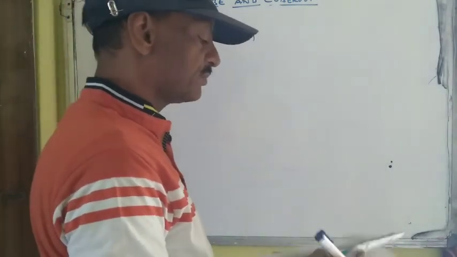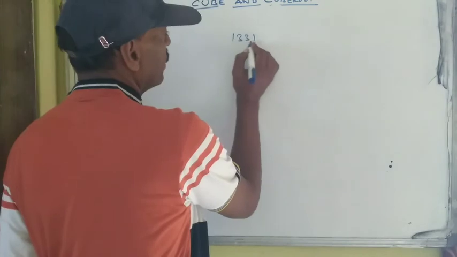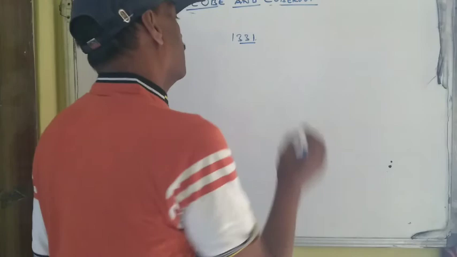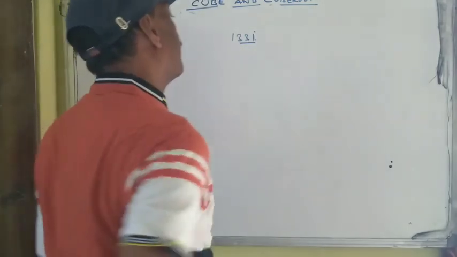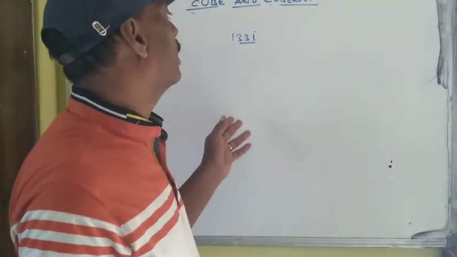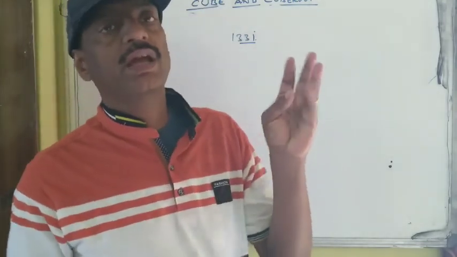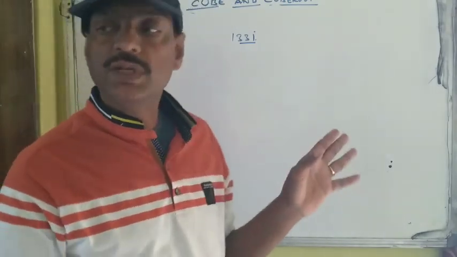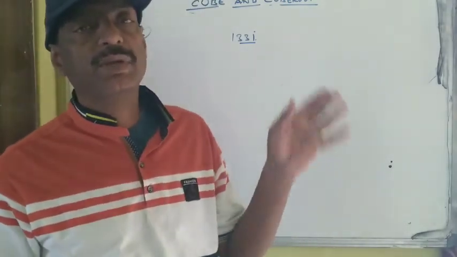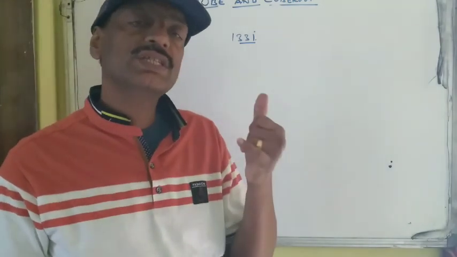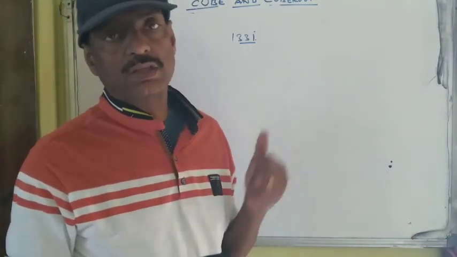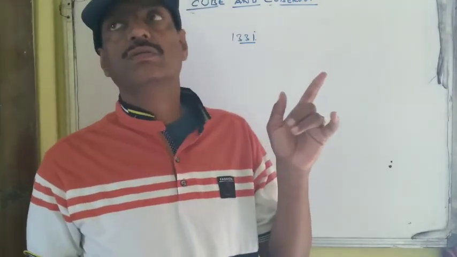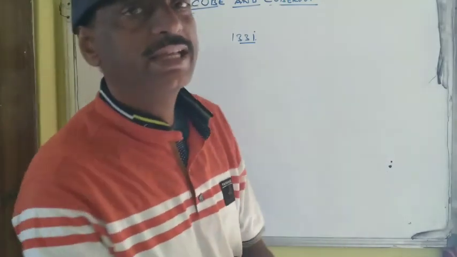Just see here. Take 3 digits from the right side. This is 331, and the last digit is 1. So first find out the number from 1 to 9 which, multiplied by itself 3 times, will give the last digit as 1. 1 into 1 into 1 is 1, and 9 into 9 into 9 does not work, only in the case of 1.